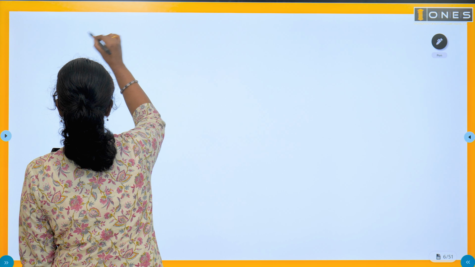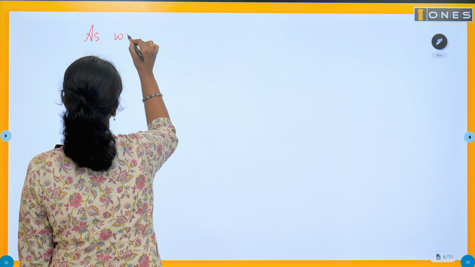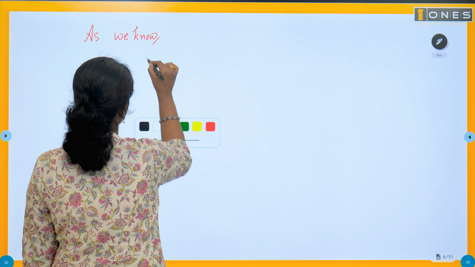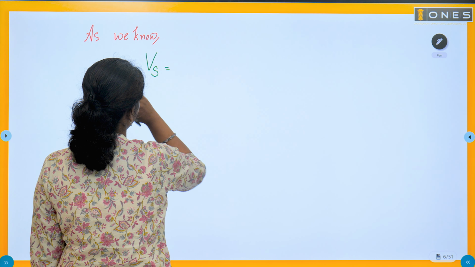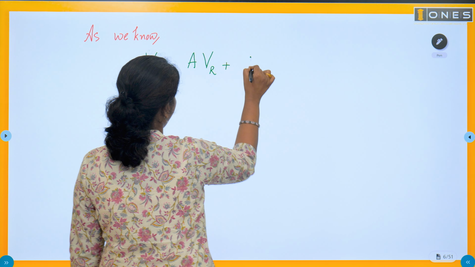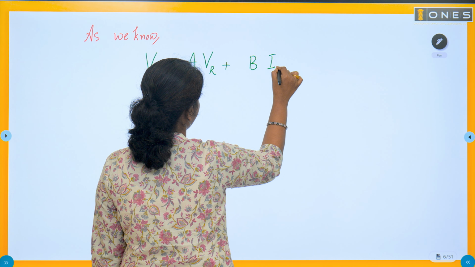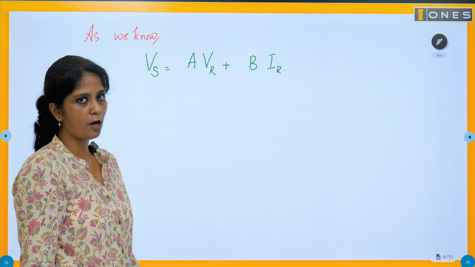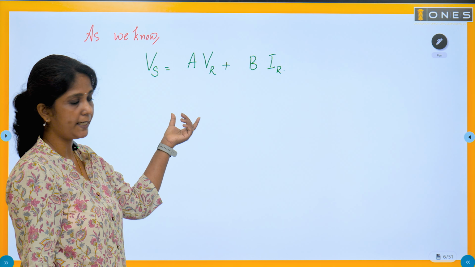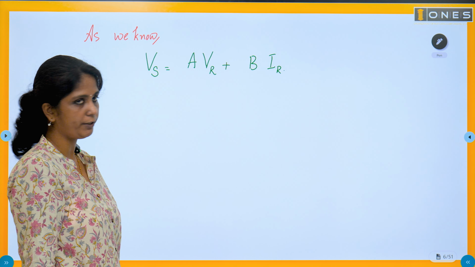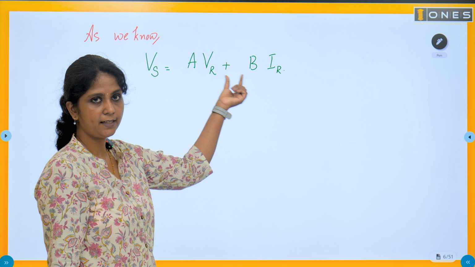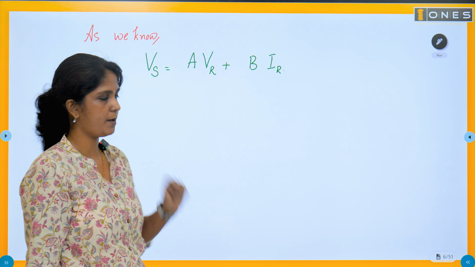As we know, Vs is equal to A VR plus B IR. We derived the ABCD constants for the short line parameters. We know the first equation of the short line ABCD, relating sending end voltage, receiving end voltage and receiving end current with the constants A and B.